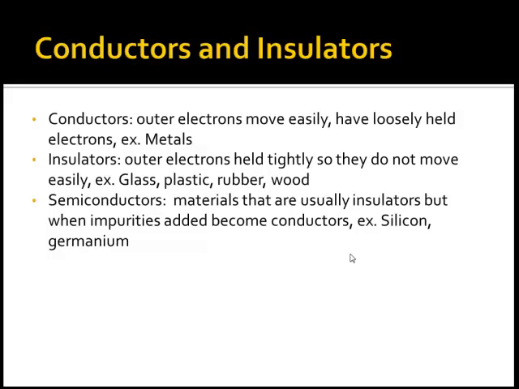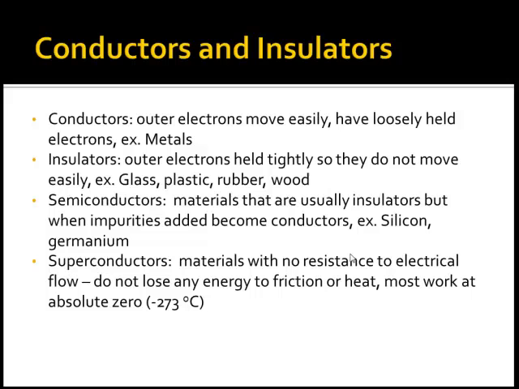Germanium is another example, but the one that we use on a more regular basis is silicon, which is in most of our computers. Superconductors, though, are materials in which there is no resistance whatsoever to electrical flow. No energy is lost to friction or heat. Most of these materials will have these properties once you take the temperature down near absolute zero, which is negative 273 degrees Celsius.